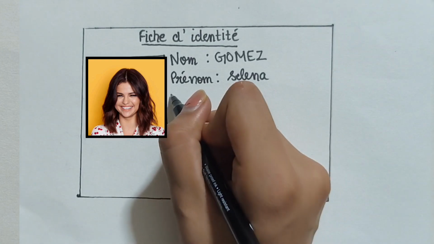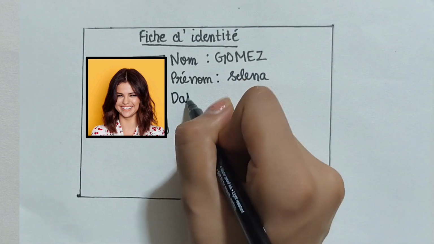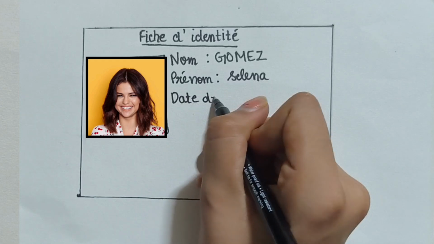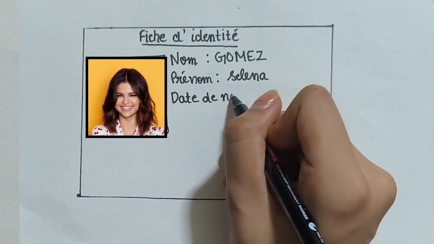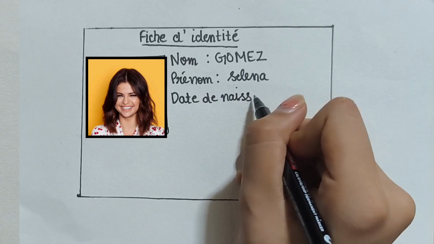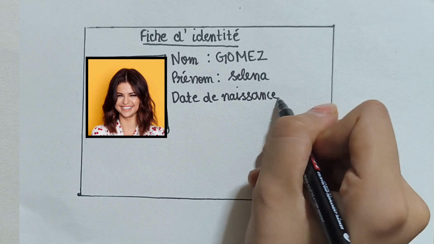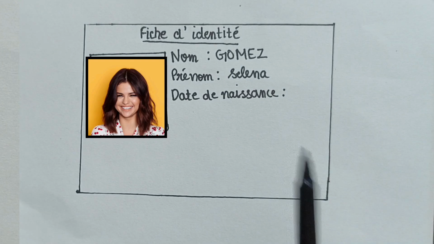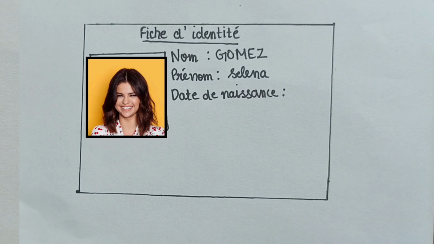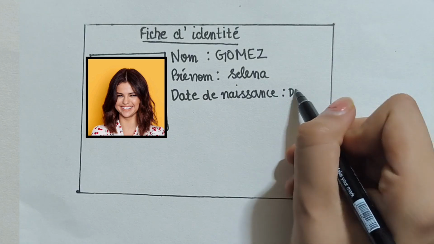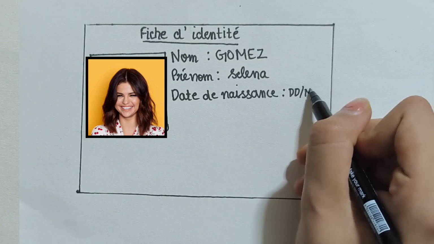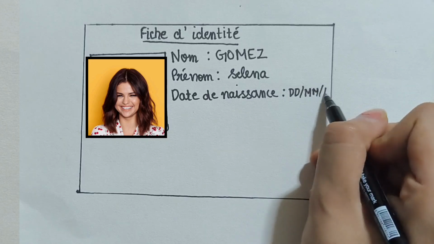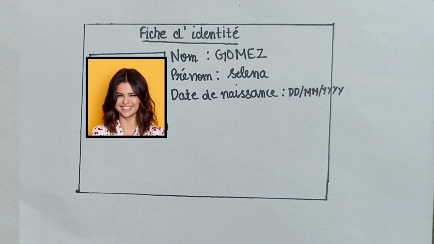The next thing that we can mention is date de naissance, which is your birth date. So the birth date has to be in a format of DD, MM and YY. So this is the format that you have to follow while you are mentioning your date of birth.